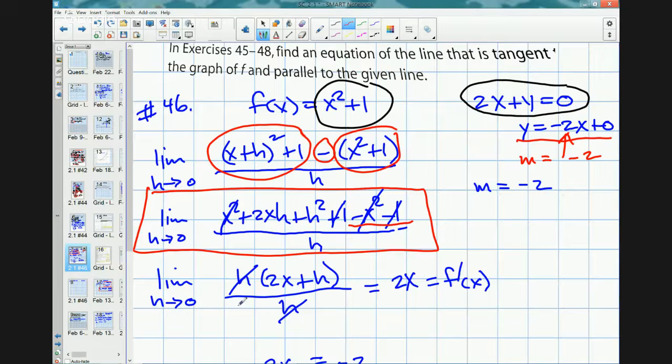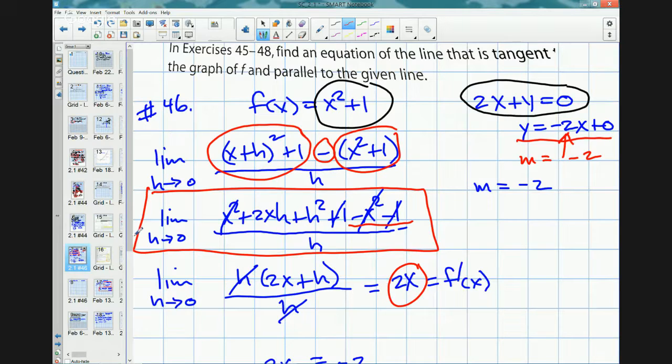Now can you substitute 0 in for h? Sure. 2x plus 0, which is 2x. We now have our derivative. That's our general derivative. So 2 times x is the slope of the tangent line at any point x.